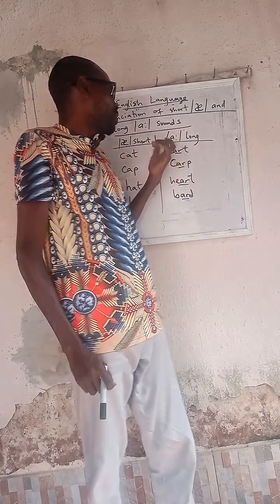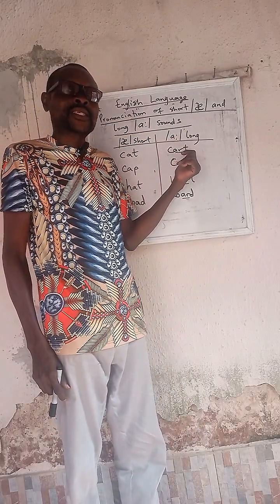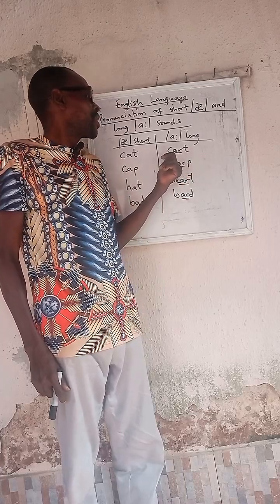Now let's look at the long R sound. R. How do you pronounce this sound? You raise your mouth, R, and then it sounds longer. Say it. R. And the sound is produced at the back of your tongue. Now watch the way we're going to sound it here. Cart. Say it.